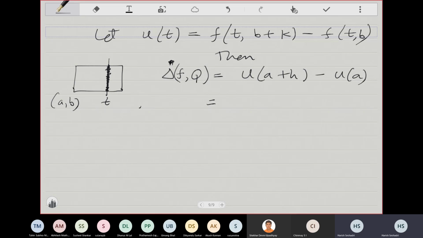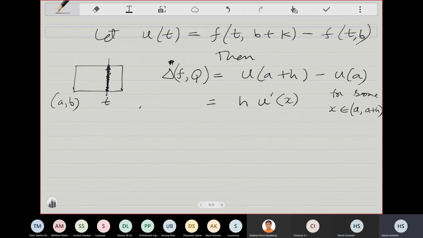Now, once you write it like this, of course, immediately the first thing which comes to mind is that the mean value theorem will tell you that this is the same as h times u prime of x for some x in a to a plus h. By the way, in order to apply the mean value theorem, obviously you have to observe that u is differentiable. Why is u differentiable?